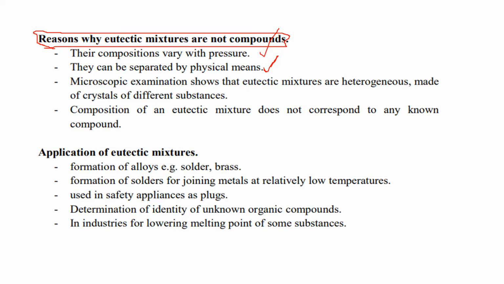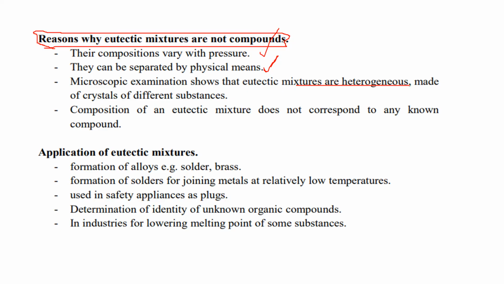And then number three, which is so important: on microscopically examining eutectic mixtures, you will find that they exist as heterogeneous mixtures. Many students avoid this statement because of this word. But microscopic examination shows that these mixtures are heterogeneous in nature, which is not the case with compounds. Compounds are not heterogeneous mixtures.